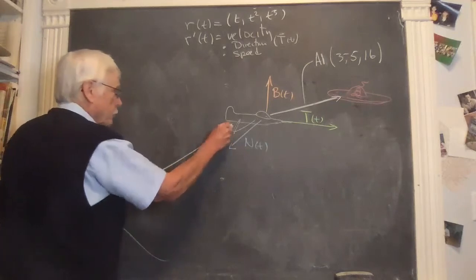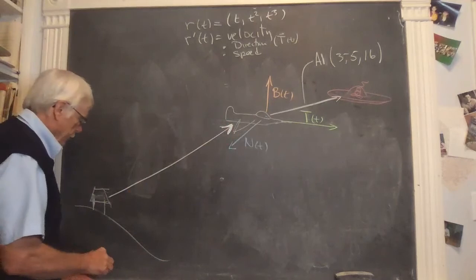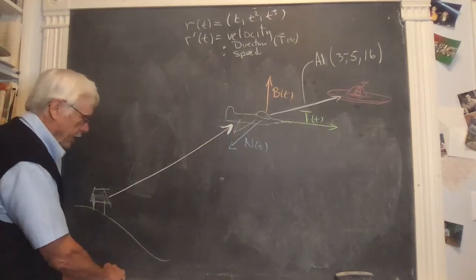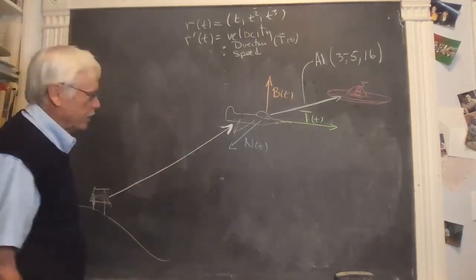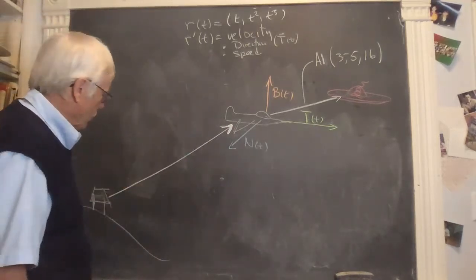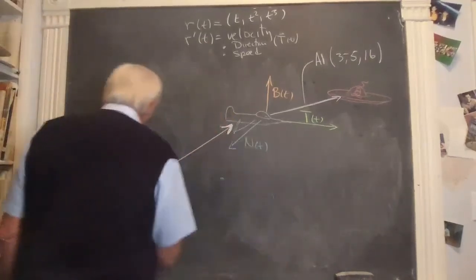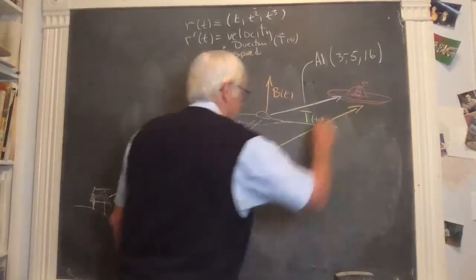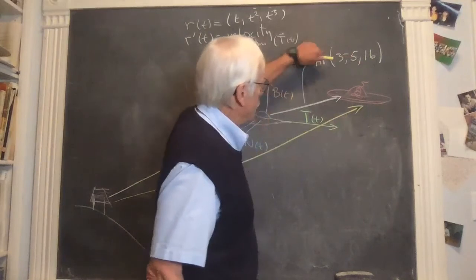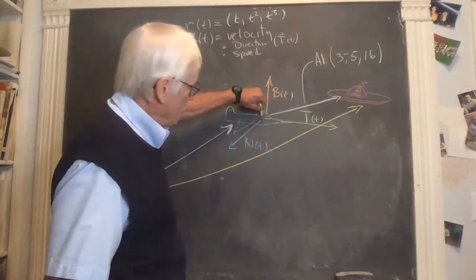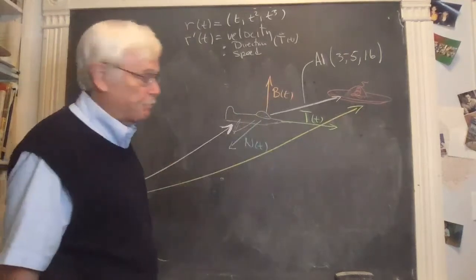But home base knows where he is according to its own coordinates: north, east, and up. So he is able to compute where this is according to his coordinates by changing the basis from this ever-changing basis, T, N, and B of the plane, into his coordinates in real time.